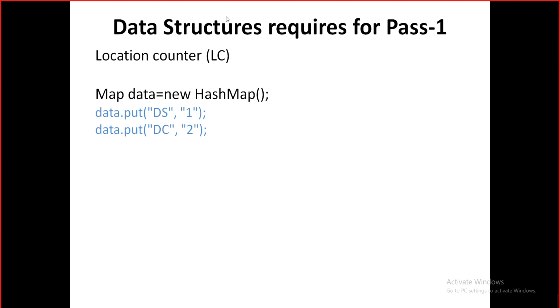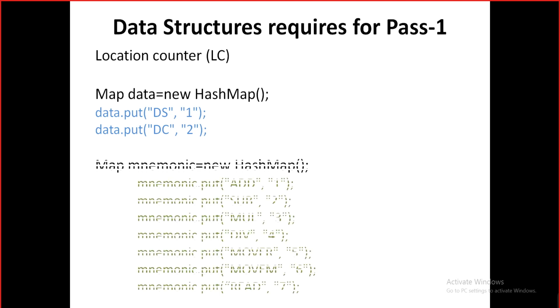Similarly, if DC is the key, the value is 2. So whenever we encounter a DS in the intermediate code, we'll write DL comma 1. If we encounter DC, we will write DL comma 2. For that purpose, we will require this hash map.